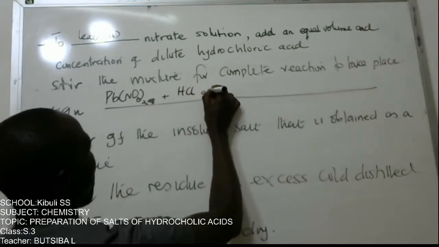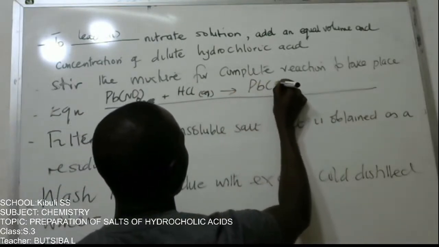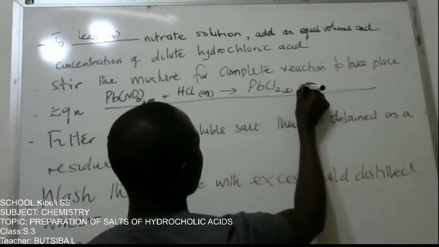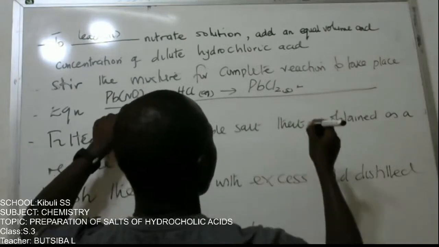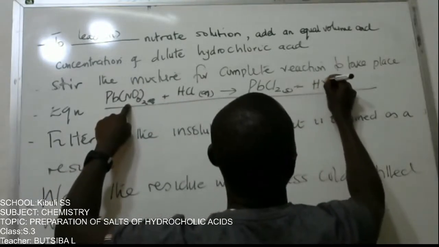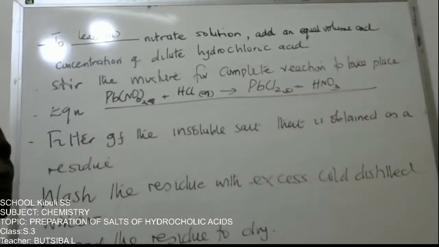Acid. Aqueous. What does it give us? Lead 2 chloride, which is a solid, but shall have what? Hydrogen, and nitrate will give us plus what? Nitric acid. Do you see why I need a lot of water to remove all the acid?